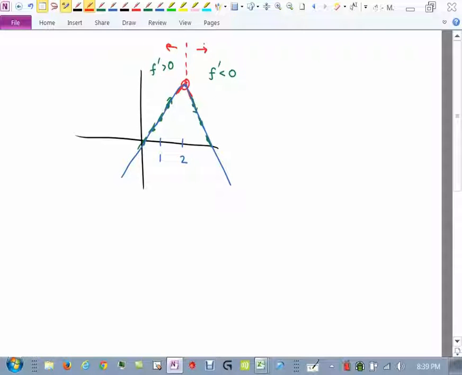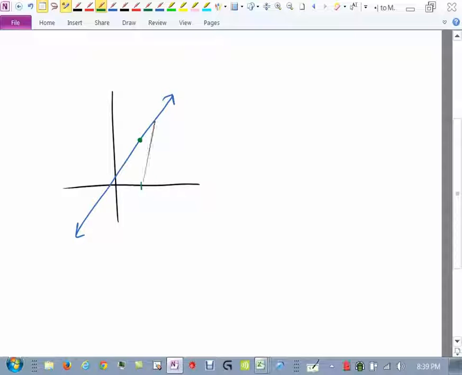So some other things to look at. What if you have a function that looks like this? A straight line. Well, here, take any point. The slope here is constant. It's always the same.